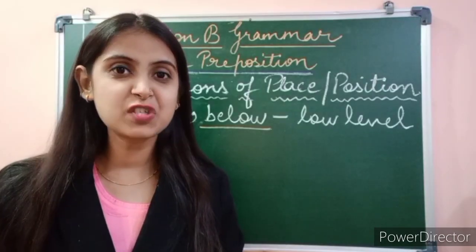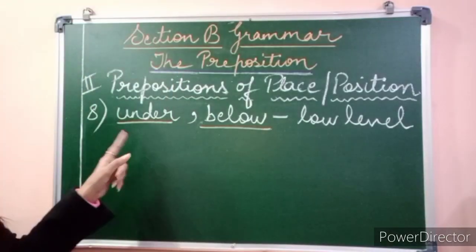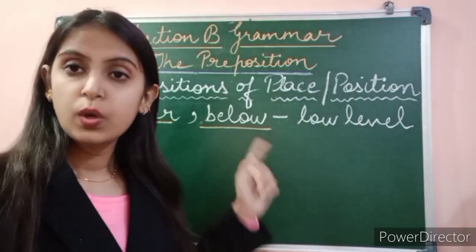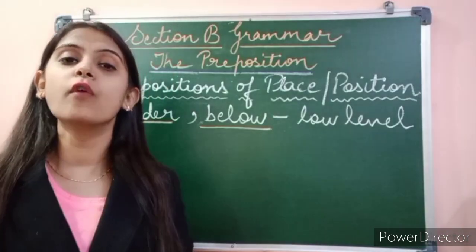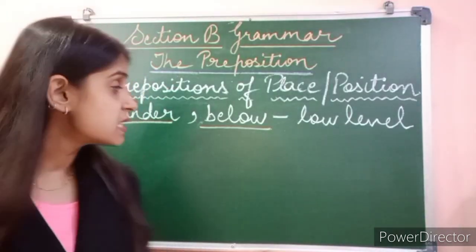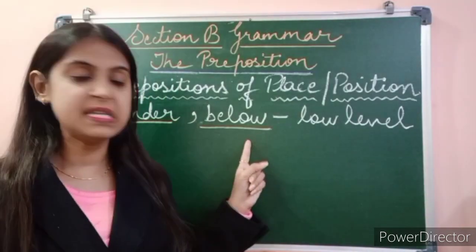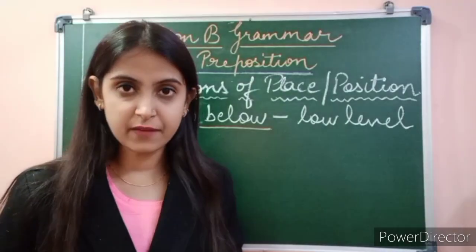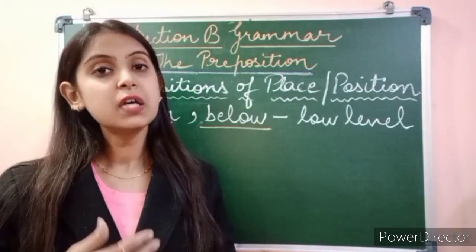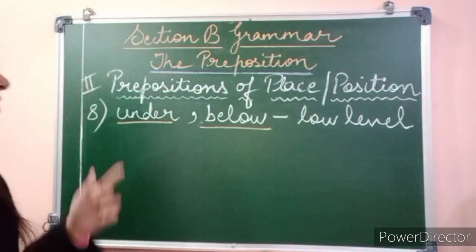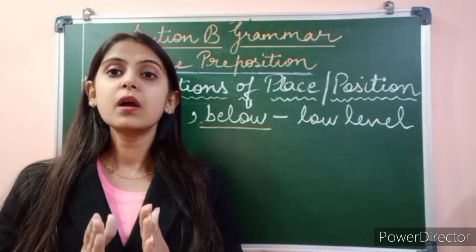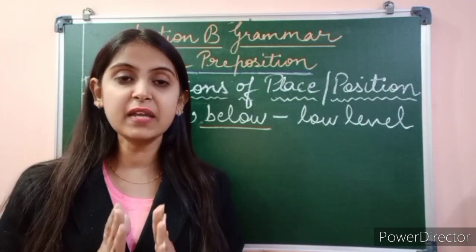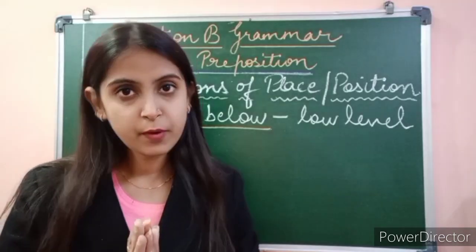Now the next preposition in the row is under and below. Now children, under and below is the opposite of over and above, right? Both the prepositions mean at lower level, something which is at low level. Now what is the difference between under and below? Over was used when something was vertically above, right?